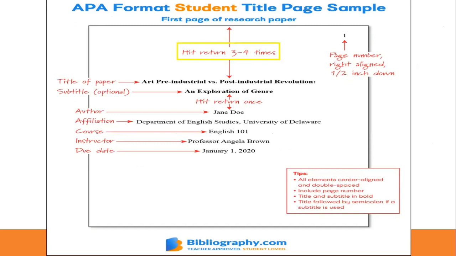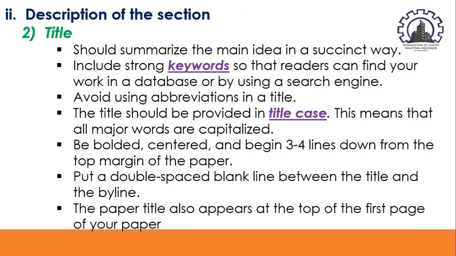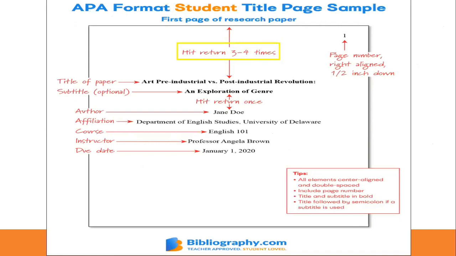It's not all capitalized, meaning to say it's just in title case. Title case means that all major words are capitalized. So as you can notice, you have art, so the first letter of the word art is capitalized. You also have P for pre-industrial, and P for post-industrial, and you also have R for revolution. Okay, which is good.